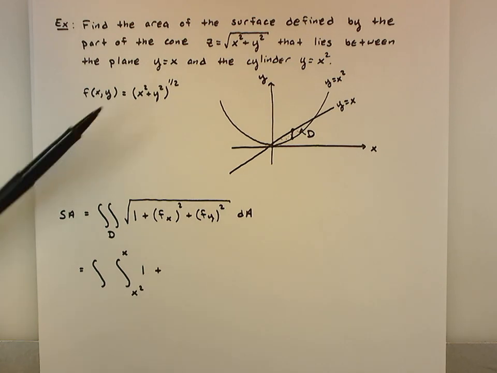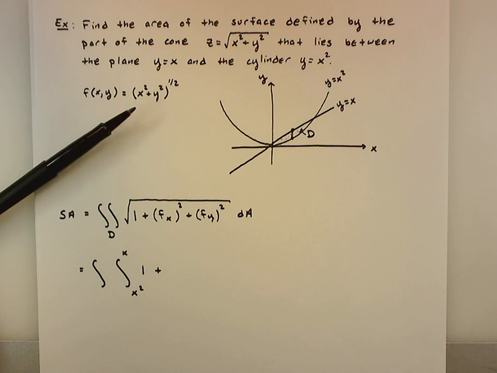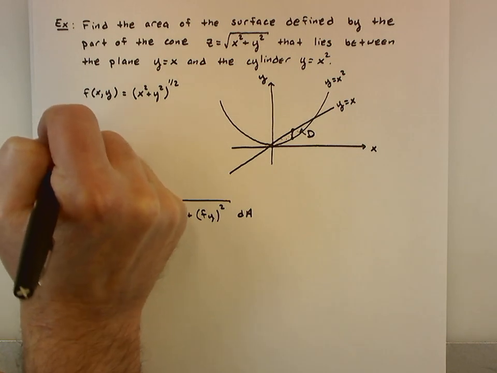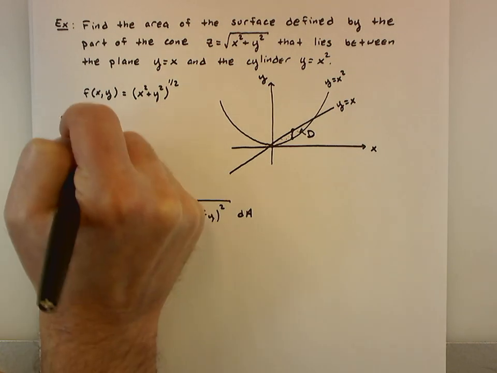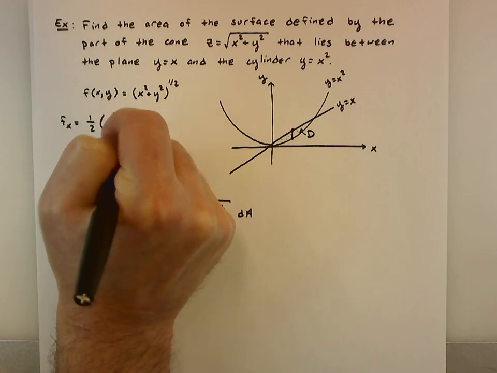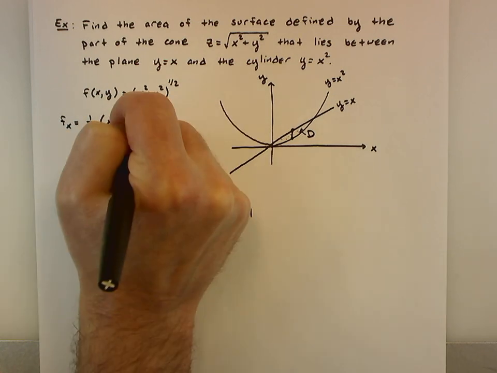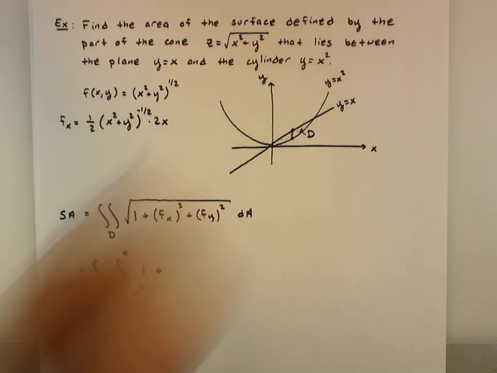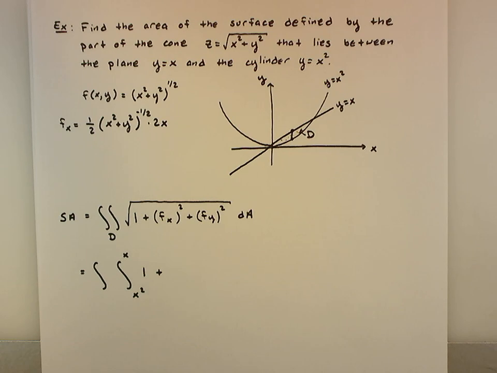the partial derivative of this function with respect to x is going to equal 1/2 multiplied by x squared plus y squared, decrease the power by 1, negative 1/2, and then multiplied by the derivative of the inside portion with respect to x, which is 2x.